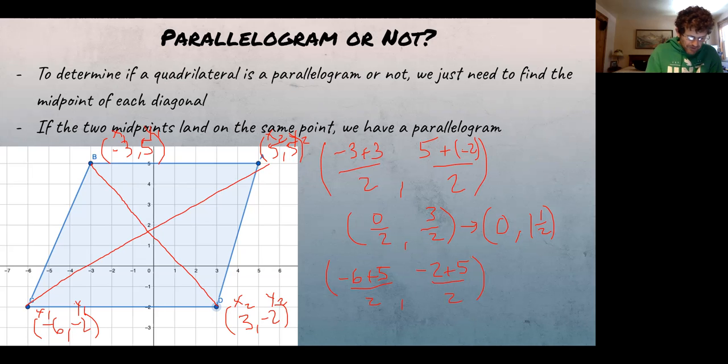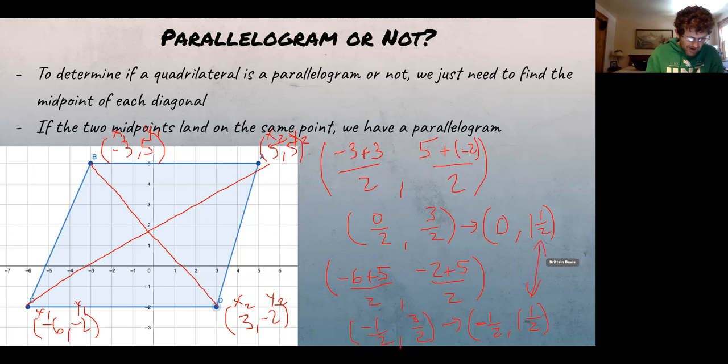Okay, so if we've got this, that means I'm going to get -1 over 2 and 3 over 2. And I could call it good right there. Just to put it in the same form as before, it's -1/2 and then 1 1/2. So just so these two look the same.